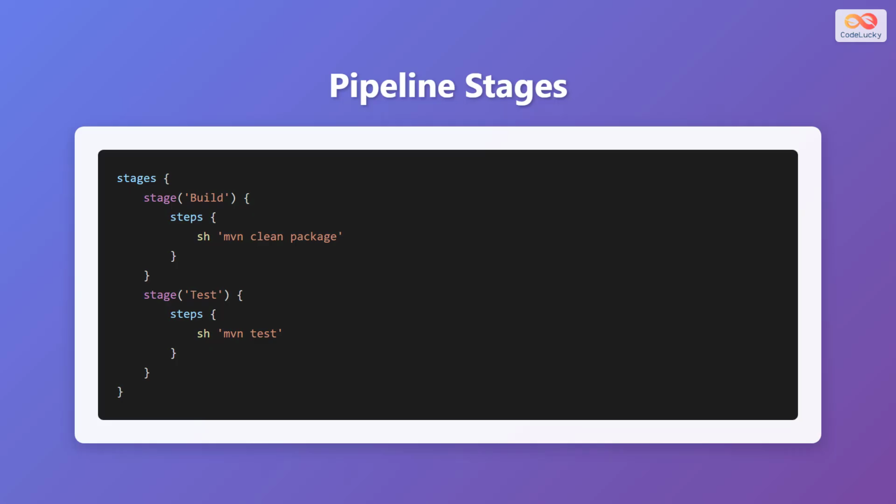The test stage runs after the build completes successfully and executes mvn test to run your test suite. Each stage runs sequentially by default, and if any stage fails, the pipeline stops and reports the failure. This separation of concerns makes it easy to identify which part of your build process failed and allows you to visualize the progress of your pipeline in the Jenkins interface.